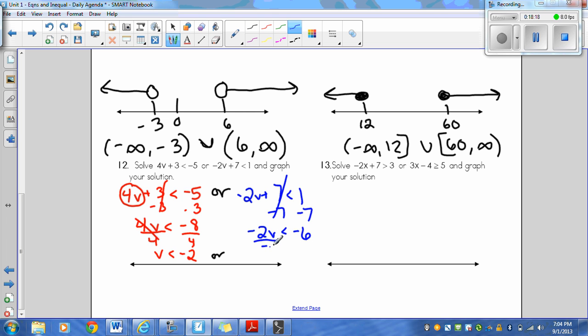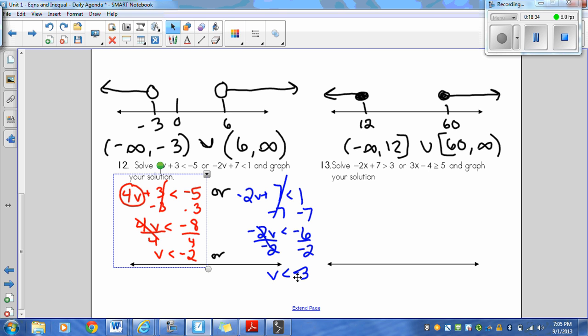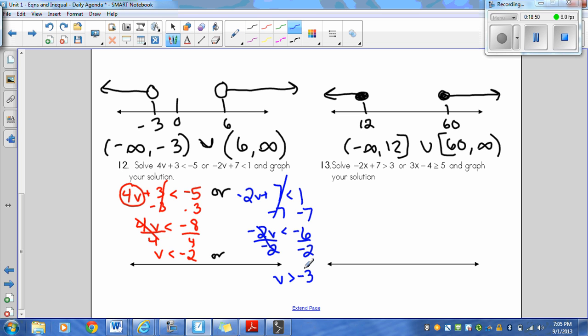You divide both sides by negative 2, and you get v is less than negative 3. Oh, I just made another mistake. And I noticed it because this one was v is less than negative 2, and this one's v is less than negative 3, and that's not an or statement. They're both going the same way. So what was the mistake that I made? When you divide by a negative number, you have to flip the symbol. v is greater than negative 3.